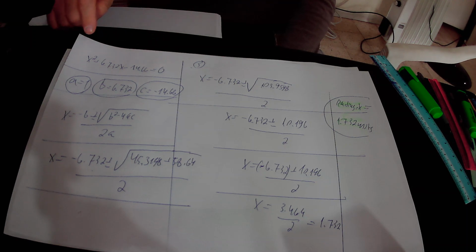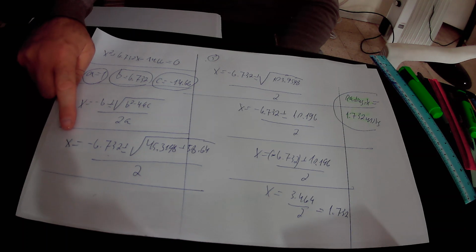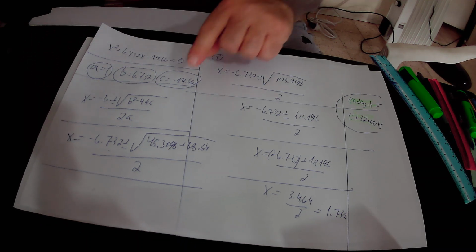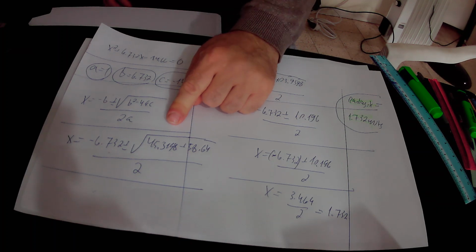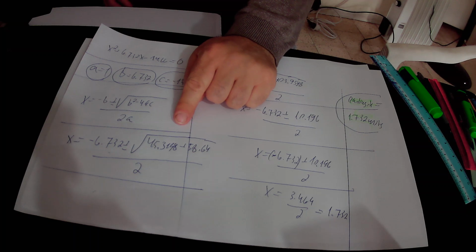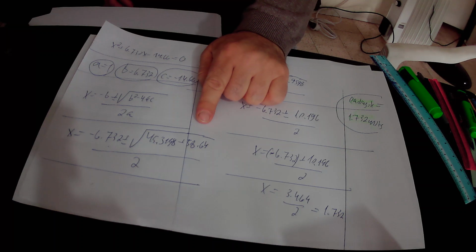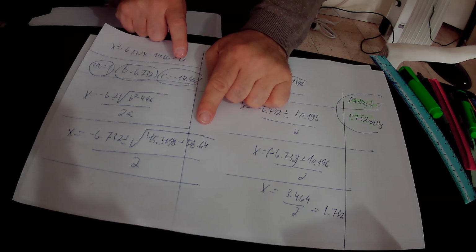So we did it and found out that x equals minus b. b is 6.732, therefore minus b is minus 6.732 plus or minus root of b squared. b squared is 6.732 squared, that is 45.3198, minus 4 times a times c. a is 1, so minus 4 times 1 is minus 4 times c, that is minus 14.66.